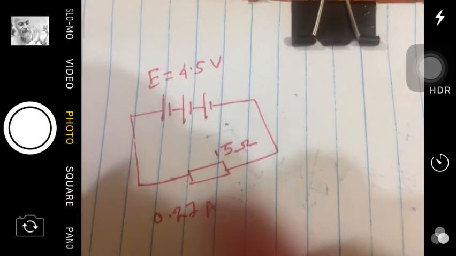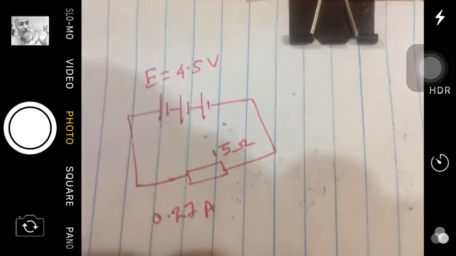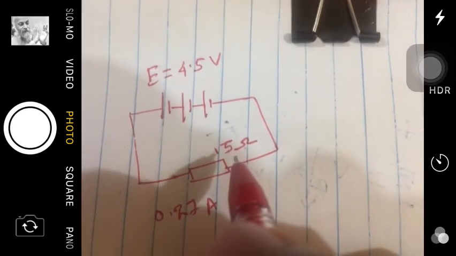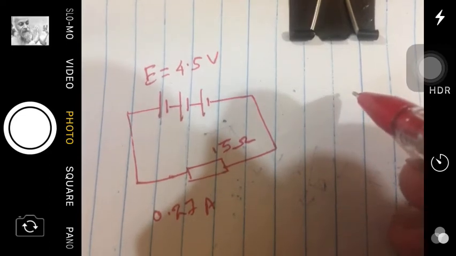From that, a certain portion of the energy is converted to light. Now we can calculate that using the equation.